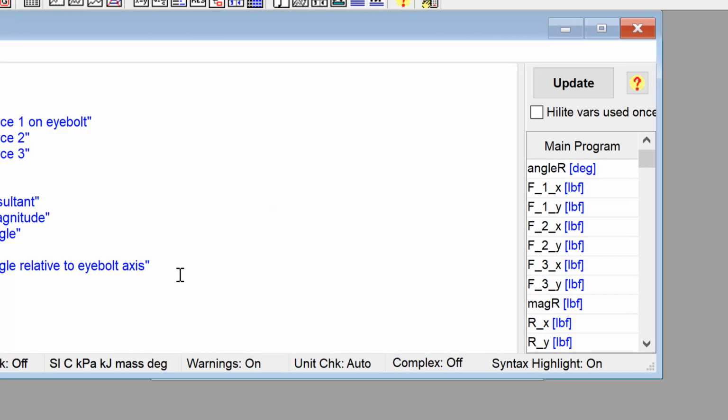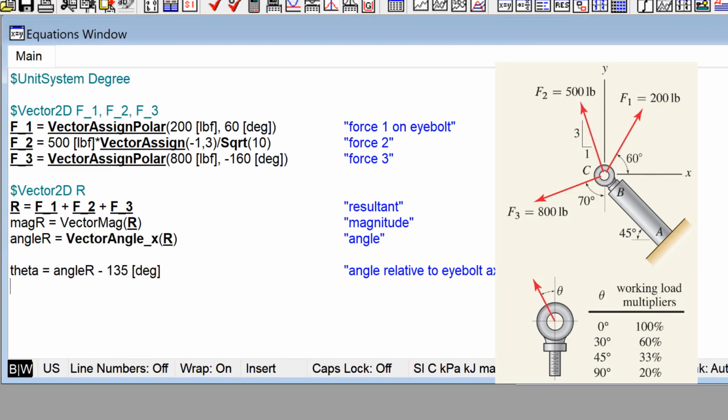So that can help us solve the next part, which is what is the allowable maximum load. So first we've got to figure out the multiplier. So if we look at the range that we're in, we're between 0 and 30 degrees, which means that our multiplier is 60%. So let's put that in here.